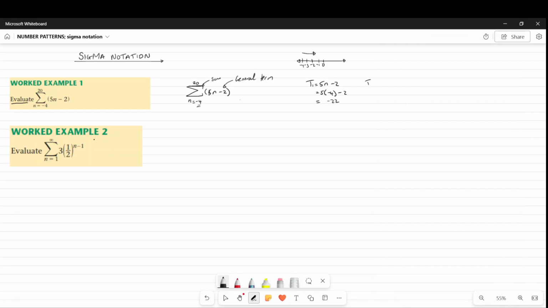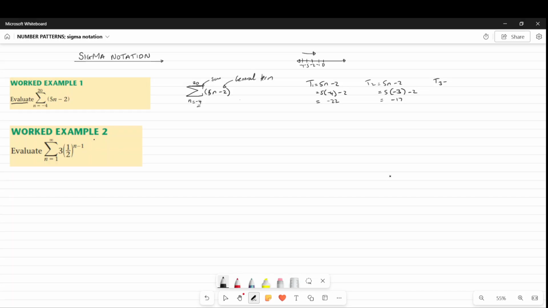Now our t2 will be 5n minus 2, which is 5 open bracket -3, because remember it's increasing now, so this will be -3. I hope you don't make the mistake of putting -5. Close bracket minus 2, and 5 times -3 is -15, minus 2, that's -17.